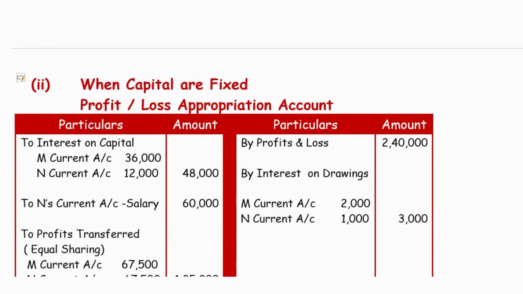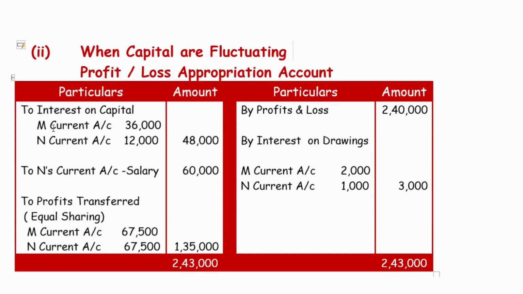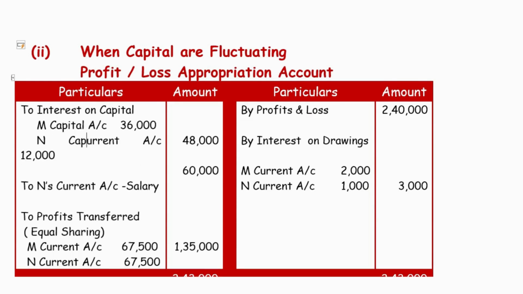It will be a time saving process, but anyhow in the exams you have to prepare it two times when the capitals are fluctuating. The thing that you have to do is, in case of fluctuating, only one account will be prepared, that is the capital account. There is nothing called current account in the fluctuating capital method. So wherever there is a current account, you will make the entries to capital accounts.